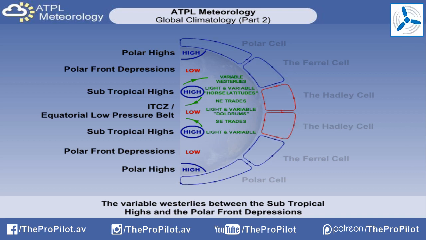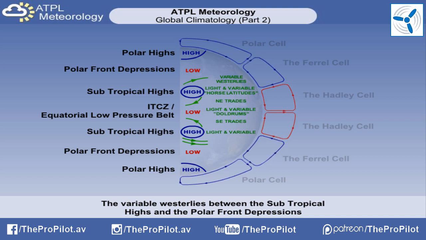In the southern hemisphere, as the air moves towards the low, it will be deflected to the left by the Coriolis effect, and the surface winds will be westerly. However, there is very little land or friction to impede this surface westerly flow. As a result, these winds are stronger and more regular than those at the same latitude in the northern hemisphere.